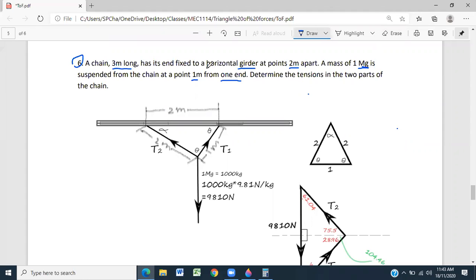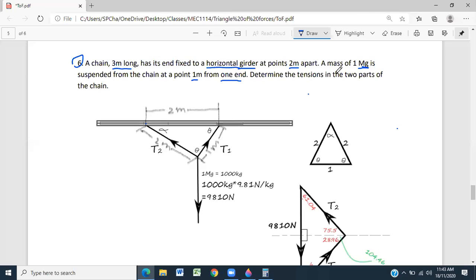A horizontal girder. Civil people know this girder is some metal thing that we use to build buildings, right? And we attach a chain at points 2 meters apart. We attach a 3 meter chain, right?